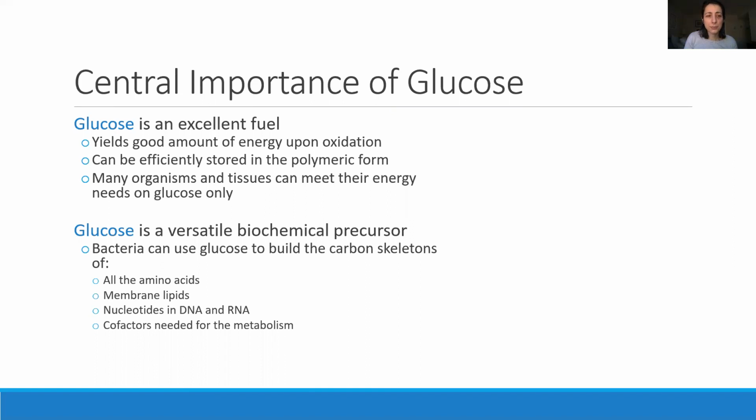So, amino acids, membrane lipids, nucleotides in DNA and RNA, and all of the cofactors needed for metabolism, all of those carbon atoms that we need in those molecules can be gathered from breaking glucose down first. Glucose has a lot of carbon in it, and then building up those molecules.